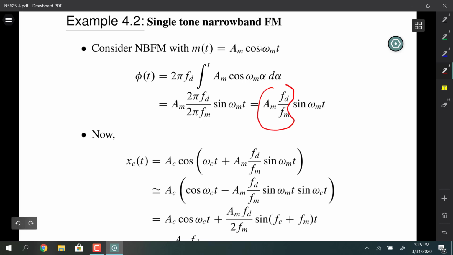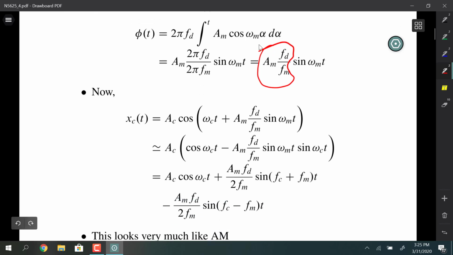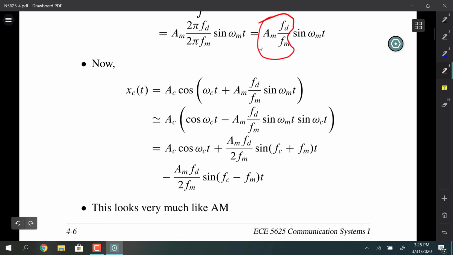So we end up with this. Am kf over fm is the scale factor that we have, and it ends up being called a modulation index shortly, but right now we haven't named it that yet. It will be known as the modulation index in angle modulation with a sinusoid.